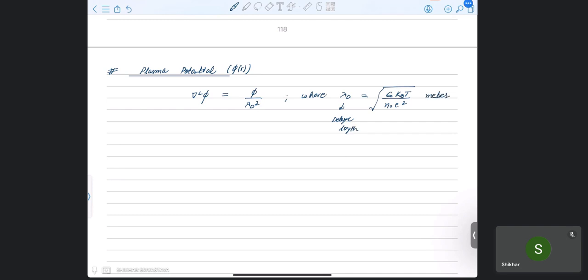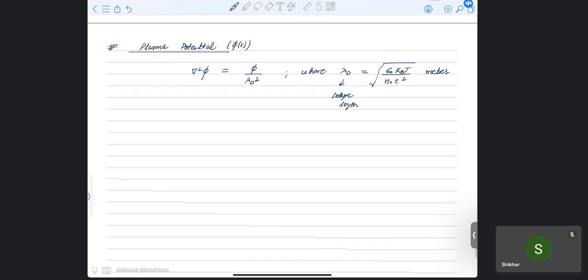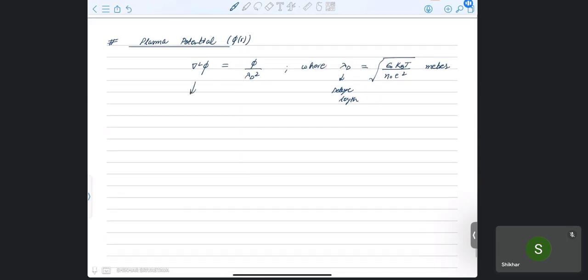Now we also know that we can write del square in spherical polar coordinates.